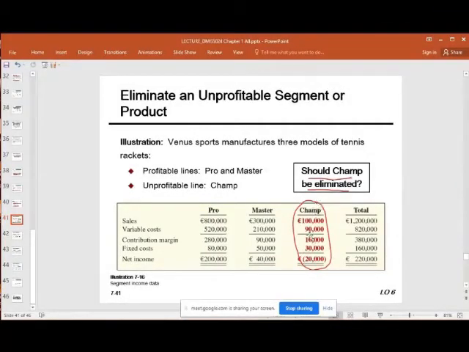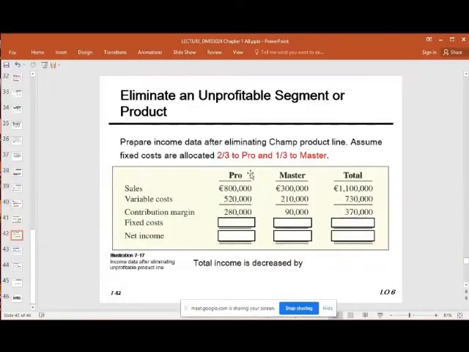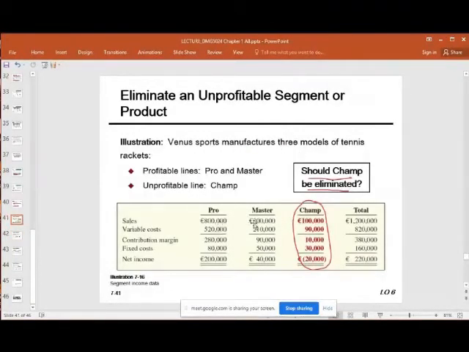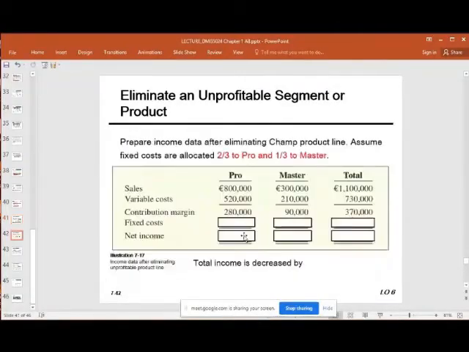Let's say now we assume we eliminate Champ. So 800,000 and 300,000, we copy from the income statement just now. Variable cost 520 and 210, so you get a contribution margin of 280 and 90.